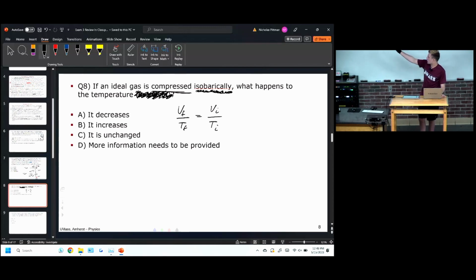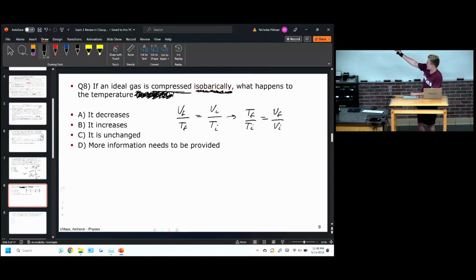It talks about a compression, so I know the final volume is less than the initial volume. And I'm asked what happens to the temperature. So I'm going to rearrange this equation to have temperature final over temperature initial equals V final over V initial.